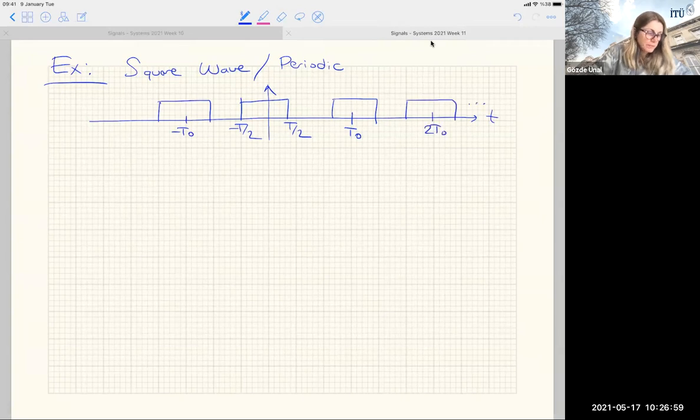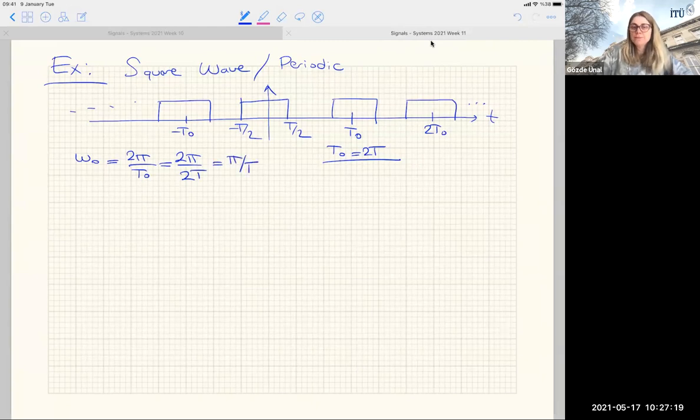This is periodic, right? So let's say T0 is given by 2T, just a parameter given. Then omega 0 is 2 pi over T0, which is 2 pi over 2T, which is pi over T, the fundamental frequency of this square wave x of t. Now the question is, what is the Fourier transform? So calculate the Fourier transform of x of t.